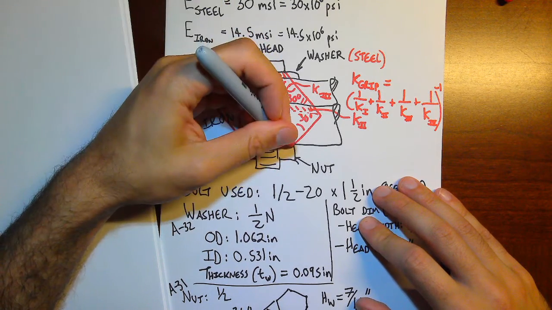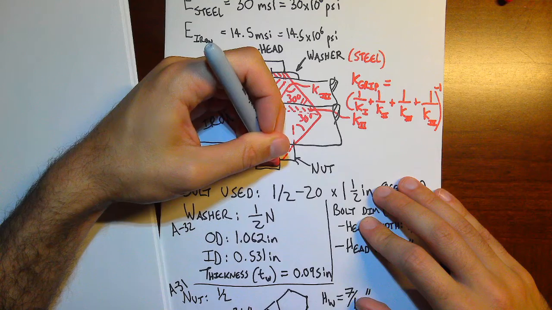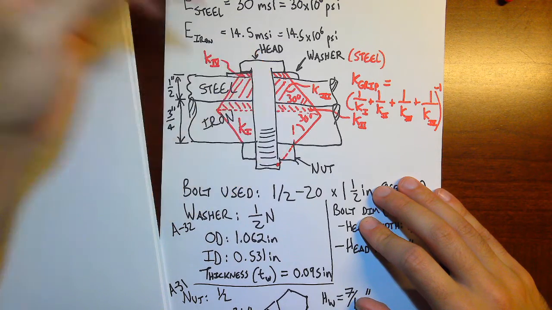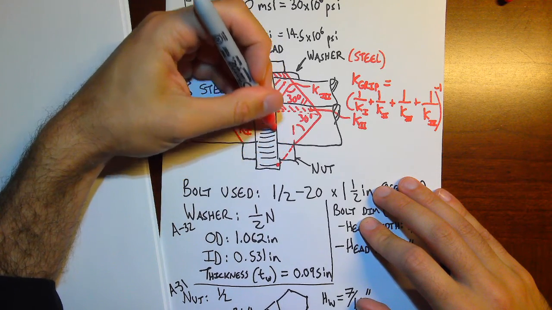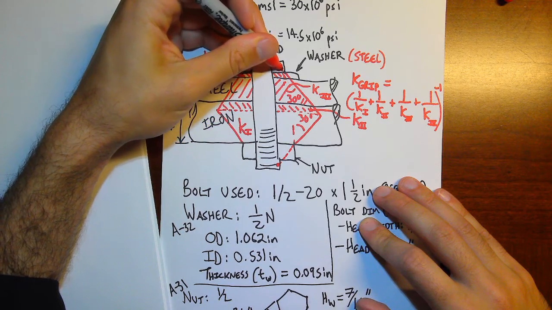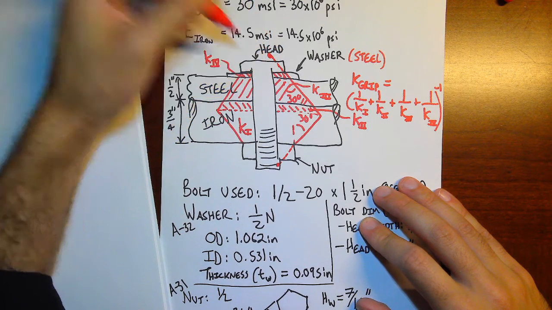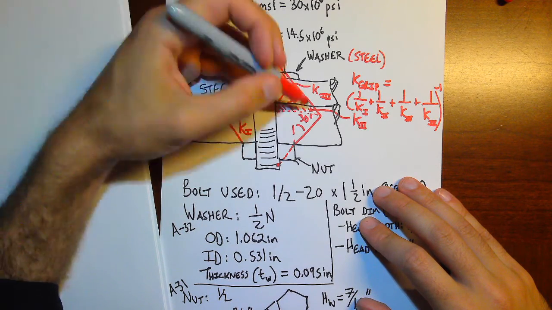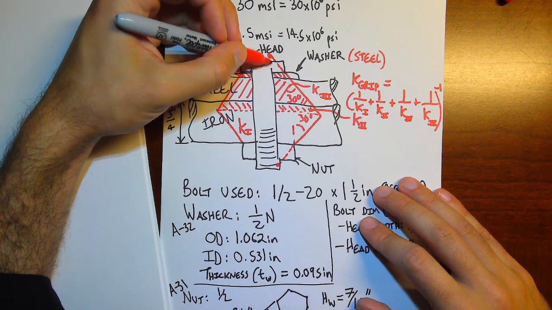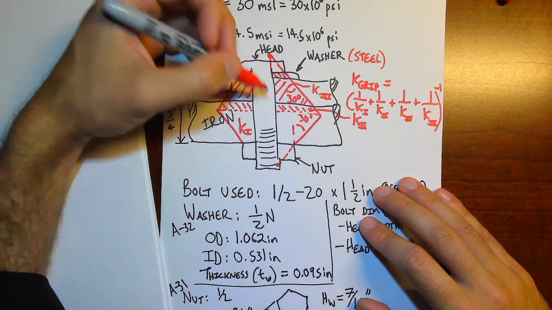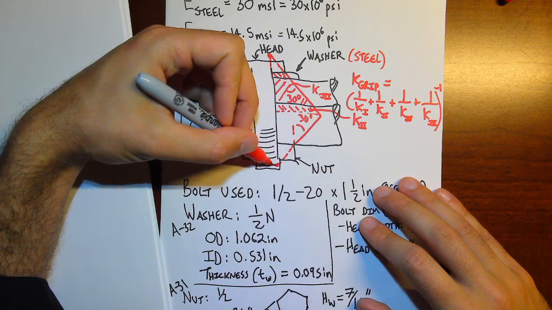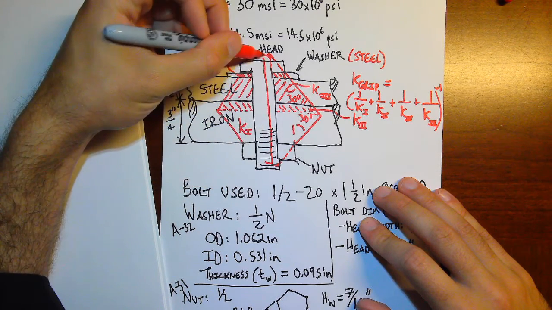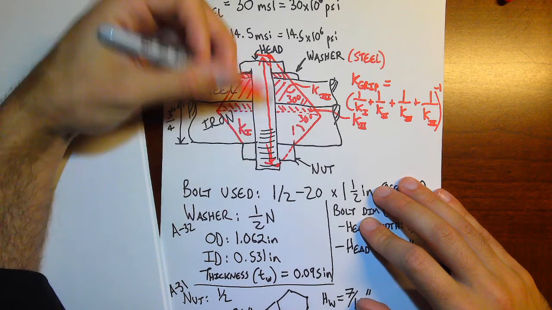So if I can trace this 30-degree line back to the edge of the hole, and then going along that same line, find where the other stress distribution comes back and hits on that same edge, I can find the distance between those 2 points.